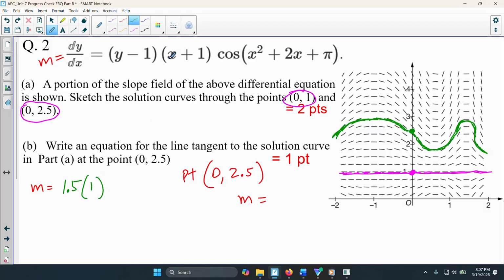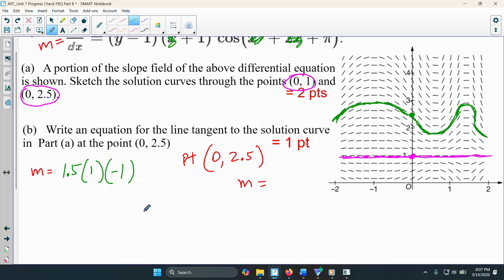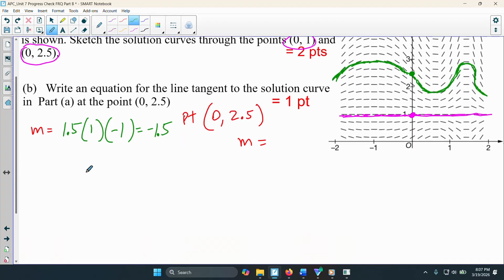This is going to be 0, and this is going to be 0. Well, what's cosine of what's inside here? Cosine of pi is -1, right? Like off the top of your head, you should be able to give me that instantly. So I have 1.5 times -1, so obviously it's -1.5. That's the slope. And now the rest of it is pretty quick.